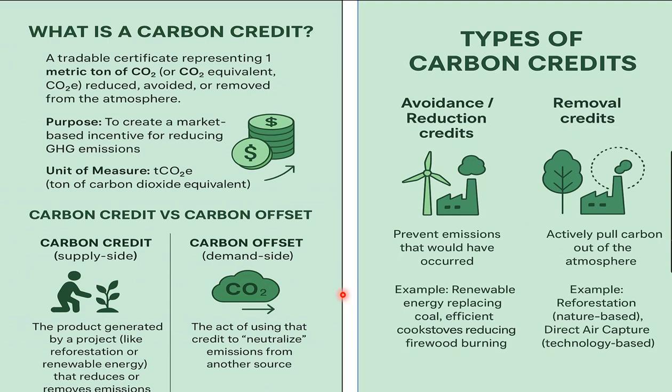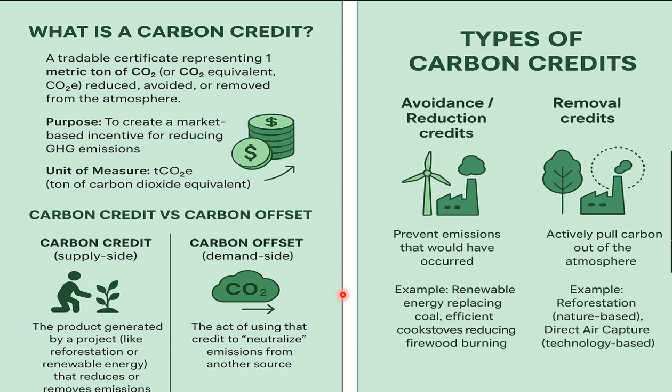Retiring means now the carbon credits have been used and my emission, if I have one carbon credit, has been reduced by the same amount, which is 1 metric ton of carbon dioxide equivalent, right? But now since I have used it, it has been retired and it will be updated in the registry as retired so that it cannot be used by any other company, any other firm, anyone in the world again.